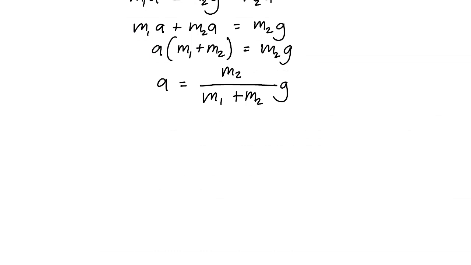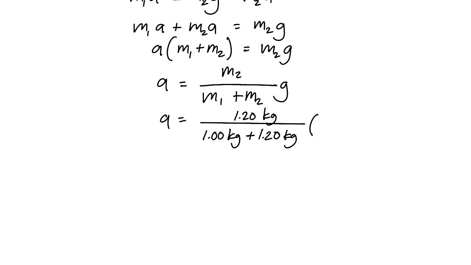So simply, substitute our given values. We have mass 2 is 1.20 kilograms. Then mass 1 is 1.00 kilogram. So just 1 kilo. Plus we have mass 2 again, 1.20 kilograms. And then multiply that by the acceleration due to gravity, that is 9.81 meters per second squared.